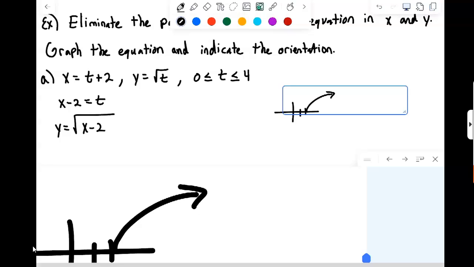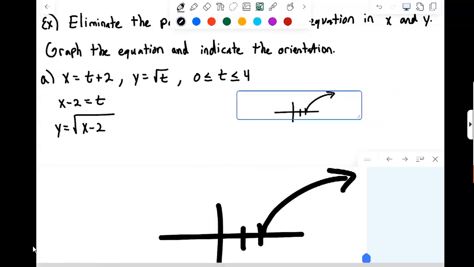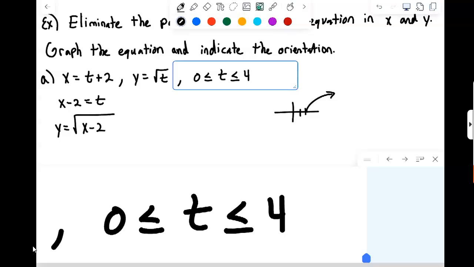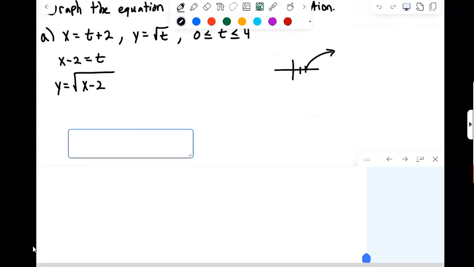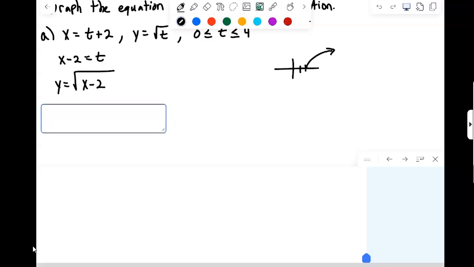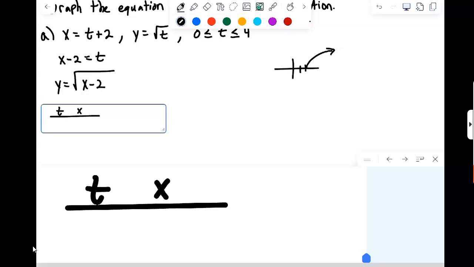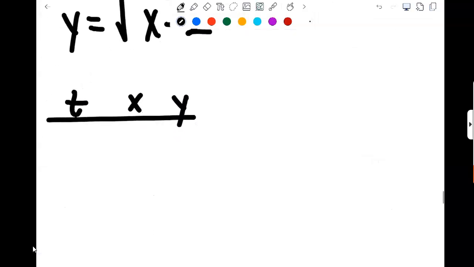Now, to graph the parametric equation, we don't know immediately which parts of this graph it's going to be. Is it going to be the whole graph? Is it going to be just parts of this graph? So what we generally will have to do at the very least is compute the x and y values for t at the first and last point in the interval.